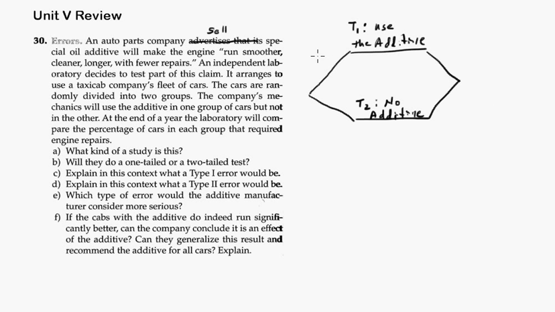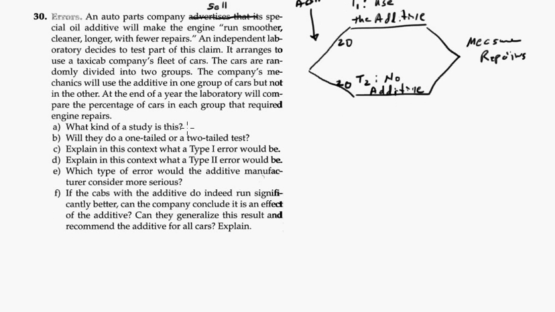Okay, and they didn't say, but we would have to assume a legitimate number and that those were randomly assigned, and they did say that. So they made two groups. So that's what we look for in a hypothesis test. And over here at the end, we're going to measure repairs. Okay? So the first one, the answer would be experiment.